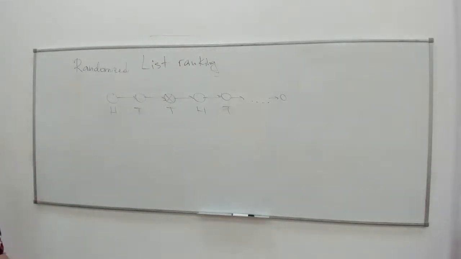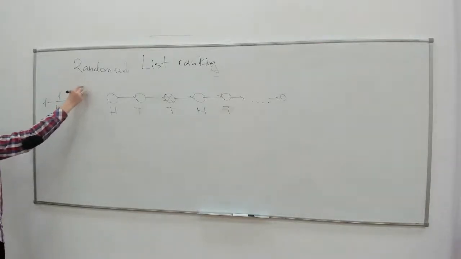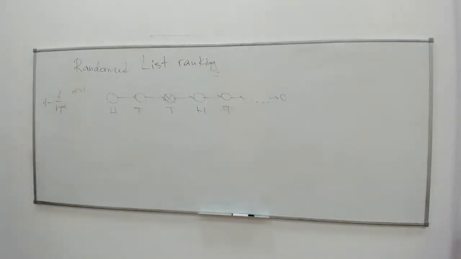I will say that I can do this in logarithmic number of steps with high probability. High probability means that there is some alpha bigger than 1, and the algorithm will work in log n steps with this probability.